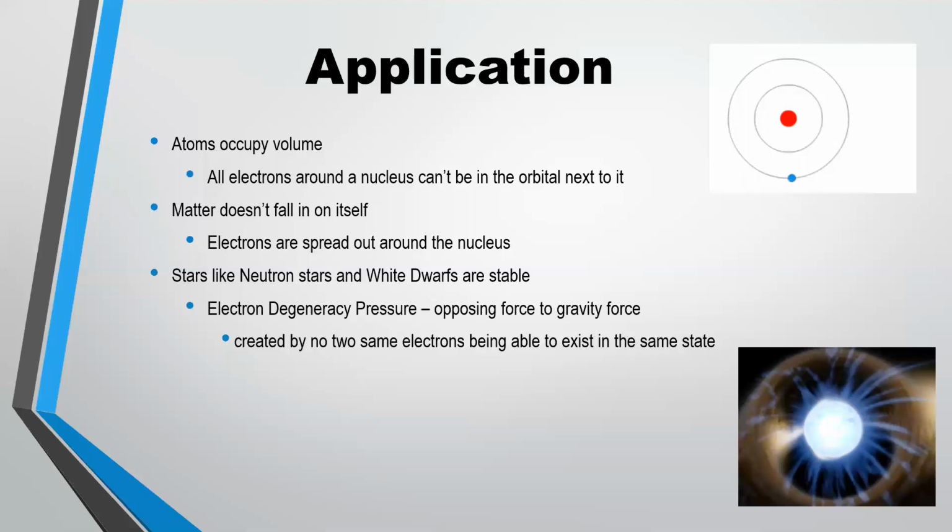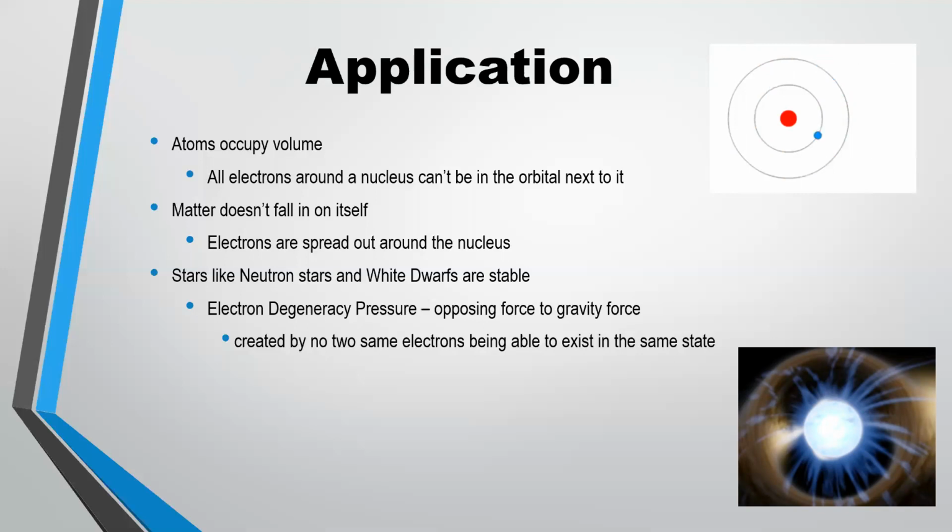So we all know that atoms occupy volume and that matter takes up space and doesn't fall in on itself. And I don't know if we've ever wondered why that is, but today we are going to talk about the why. And the why is explained by the Pauli exclusion principle.